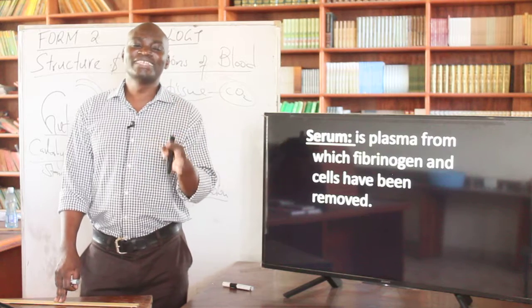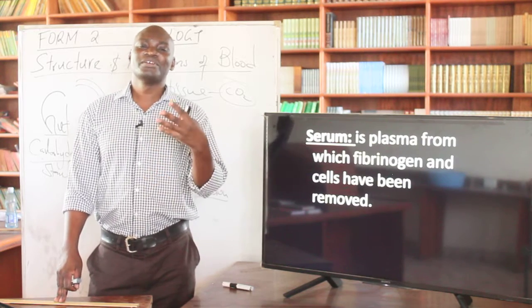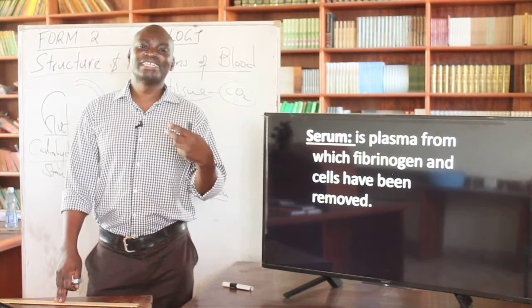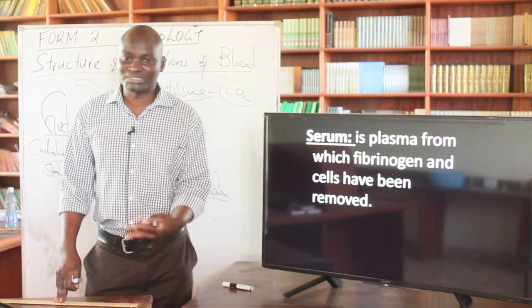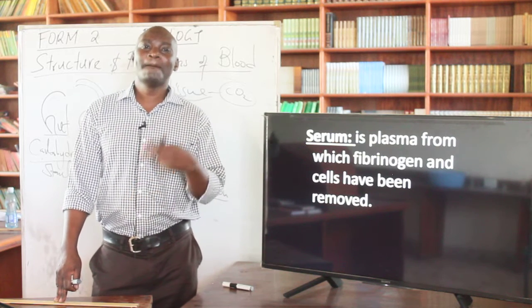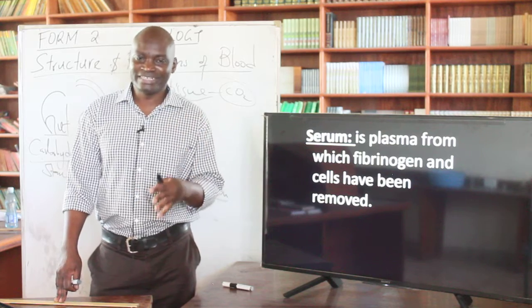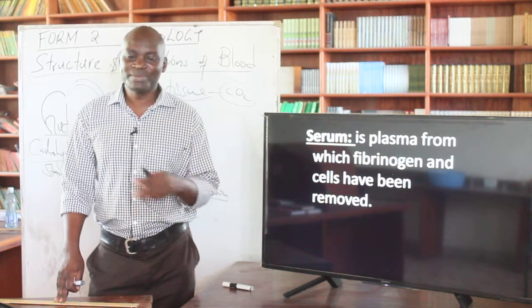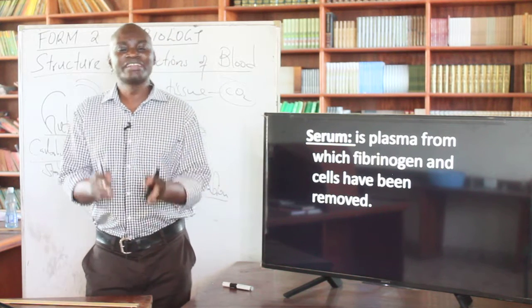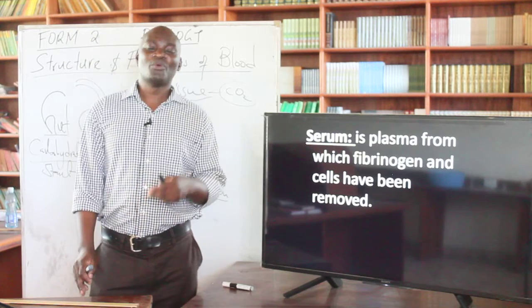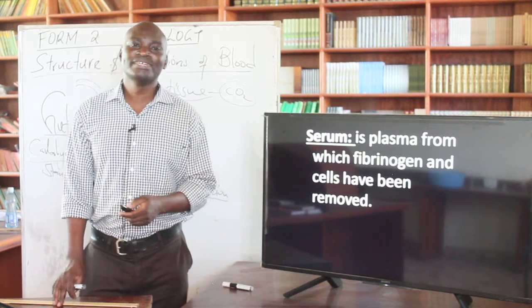Fibrinogen is the protein that is responsible for clotting. It is the one that forms the clots on injured blood vessels. So when fibrinogen and the red and white blood cells are removed from the plasma, what remains is called serum.